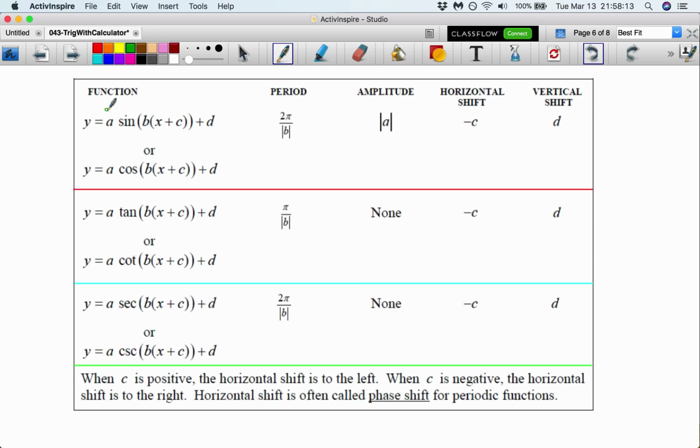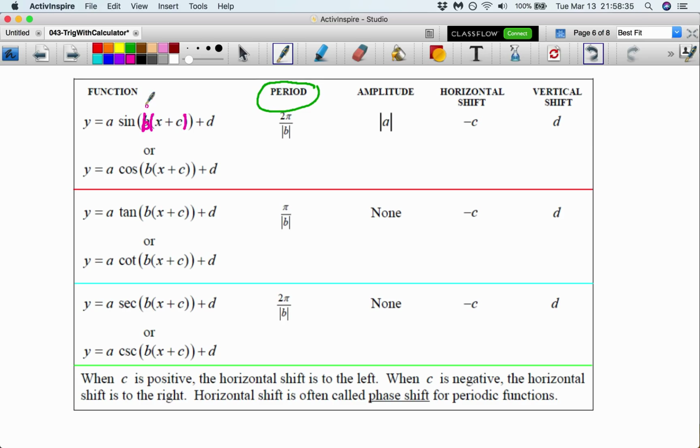So here's a chart talking about how to transform these. This is the same basic idea you've been using all year, except with this period column. The period will be 2 pi divided by this coefficient. Notice for each of these guys that I have b factored out.